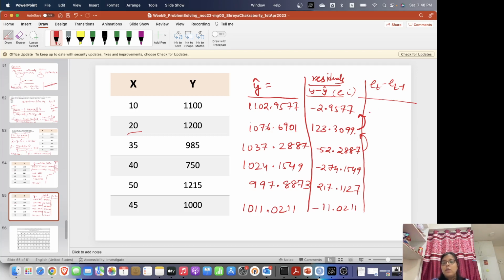So here we will have 123.3099 minus of minus 2.9577.